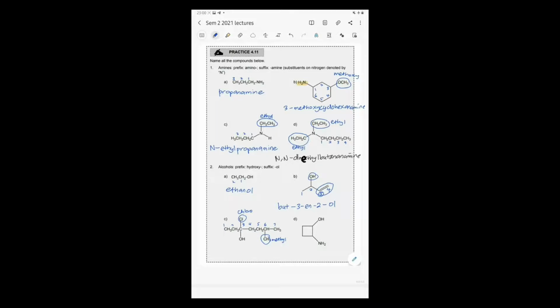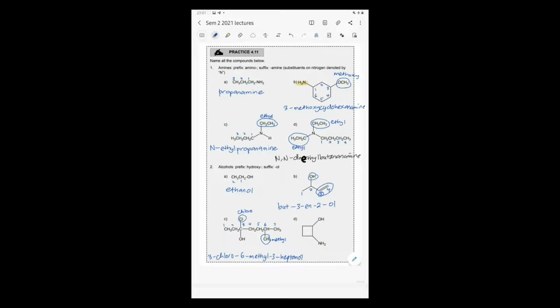Cl will go first, alphabetical order. So the name will be 3-chloro-6-methyl-3-heptanol. I usually give the name like this, but if you want to write 3-chloro-6-methylhept-3-ol, it is also correct.